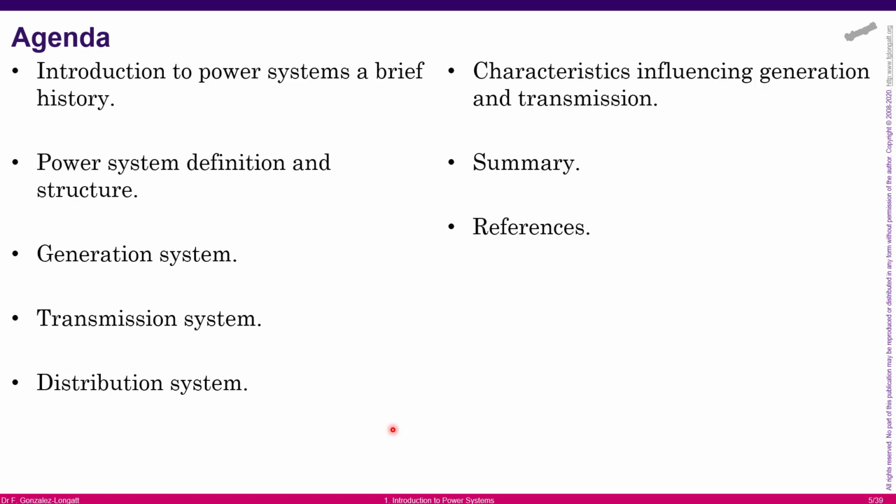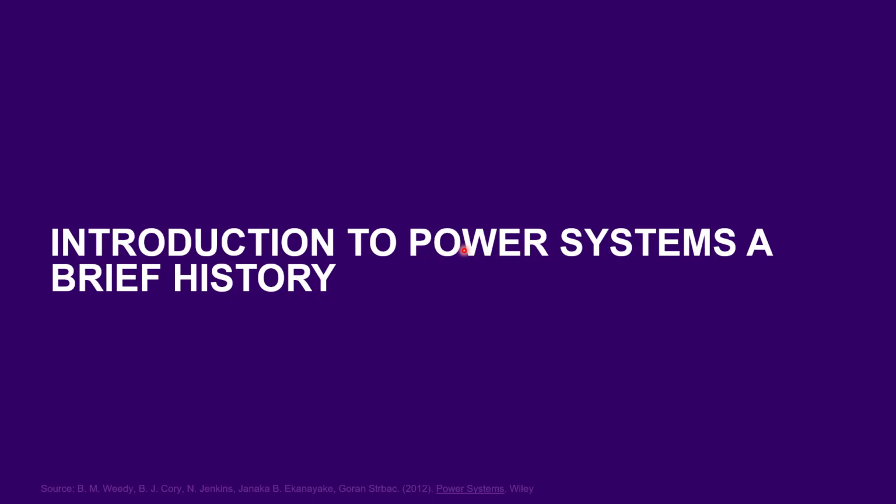Then I will go to the proper definition of a power system and its structure, talking about the generation system, transmission system, and distribution system. Then I will talk about the basic characteristics that influence generation and transmission in classical power systems. Then a very short summary, closing, and a few references at the very end.